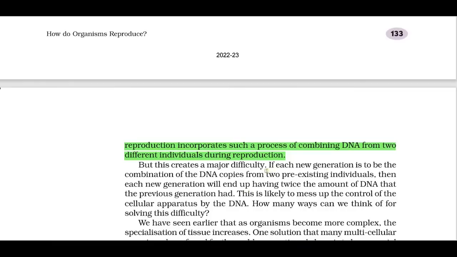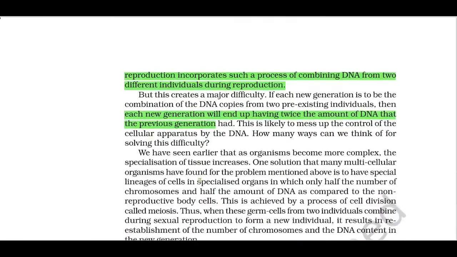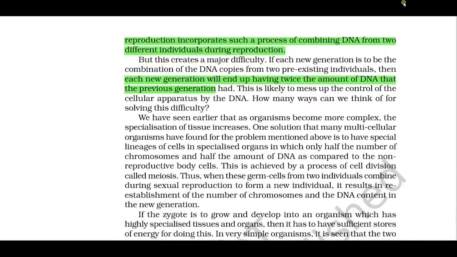So the question that arises here is, will the new generation end up having twice the amount of DNA that the previous generation had? The answer is no, right? Why? To overcome this problem, it has specialized cells in specialized organs in which only half the number of chromosomes and half the amount of DNA is taken from each individual's reproductive cells.